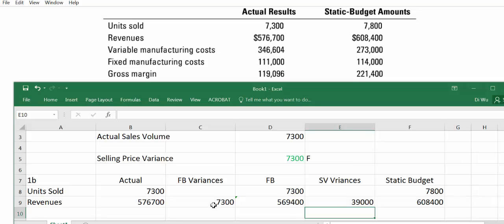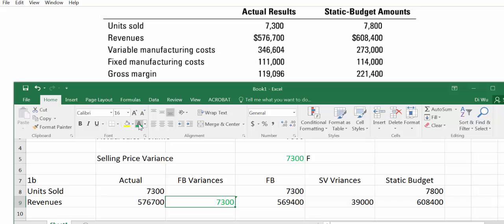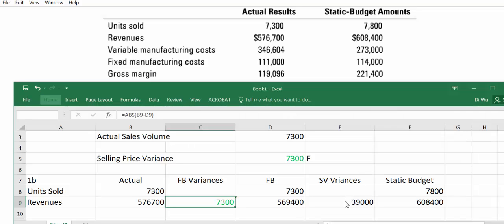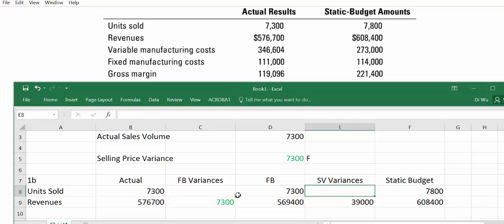Now I have to decide whether it's favorable or unfavorable. For this number, you can see that the actual revenues are much bigger, so I'm going to make this favorable. That's great. And for the sales volume variances, sorry, I need to put a typo fix here.